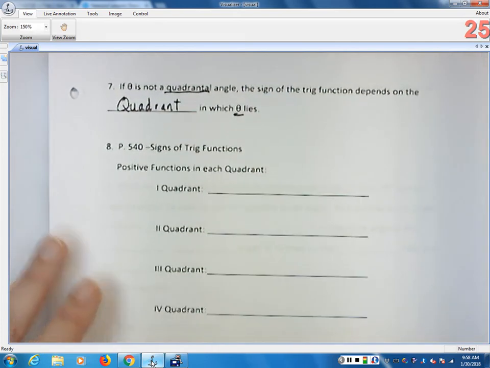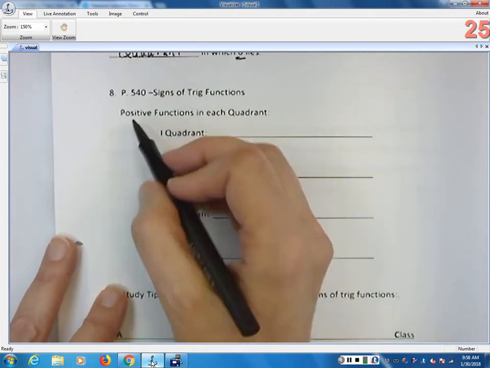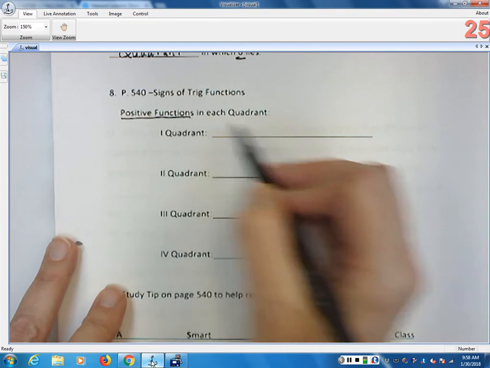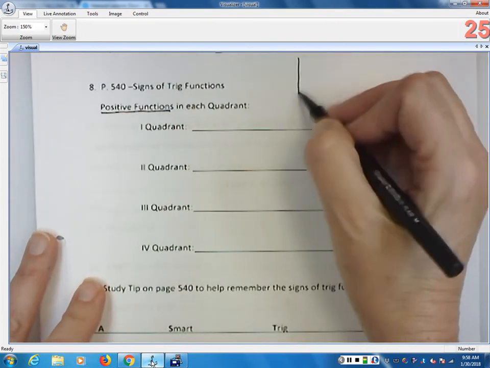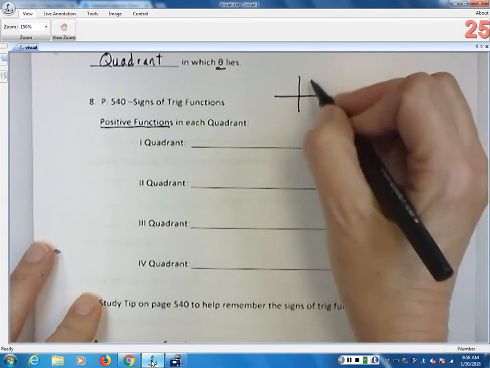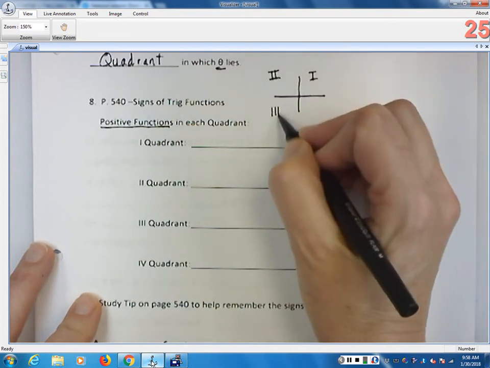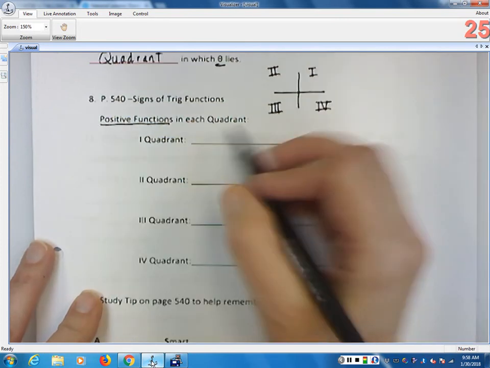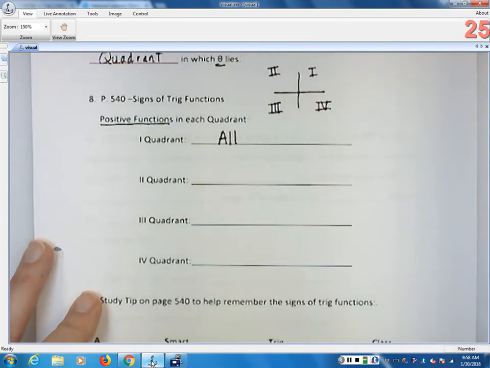So, the signs of the trig functions, so the positive functions in each quadrant. Remember the quadrants are 1, 2, 3, and 4. In quadrant 1, all of the trig functions are positive.